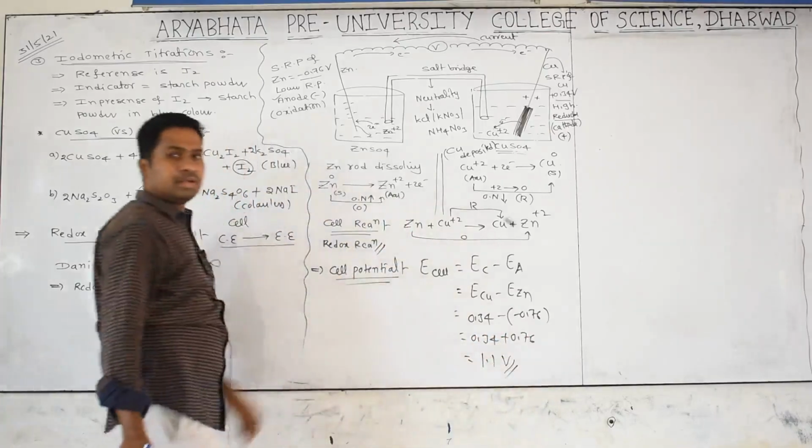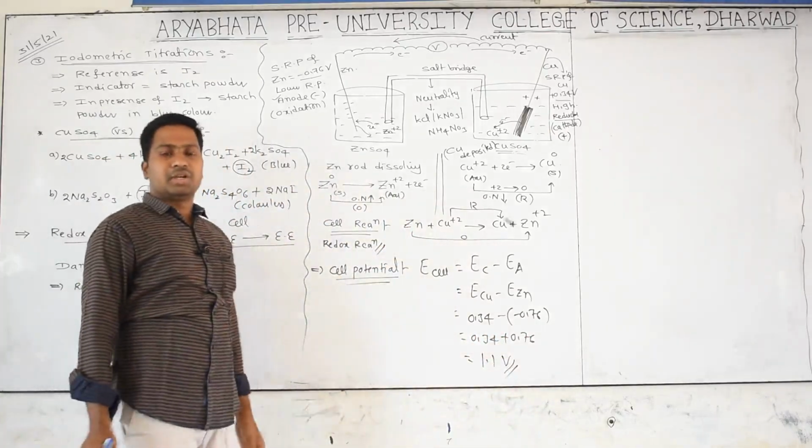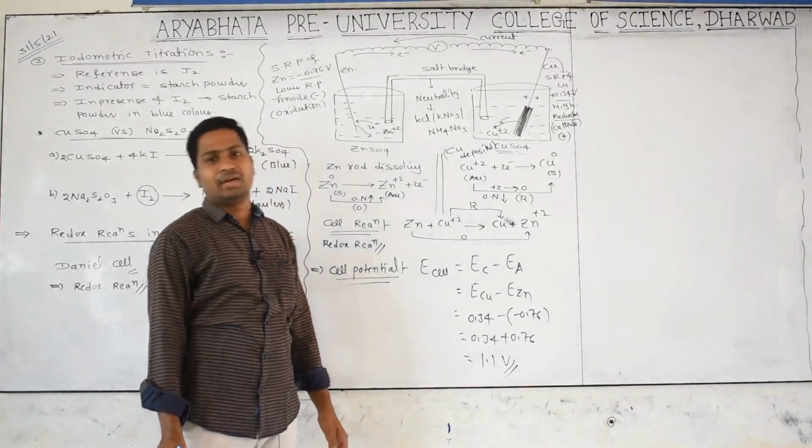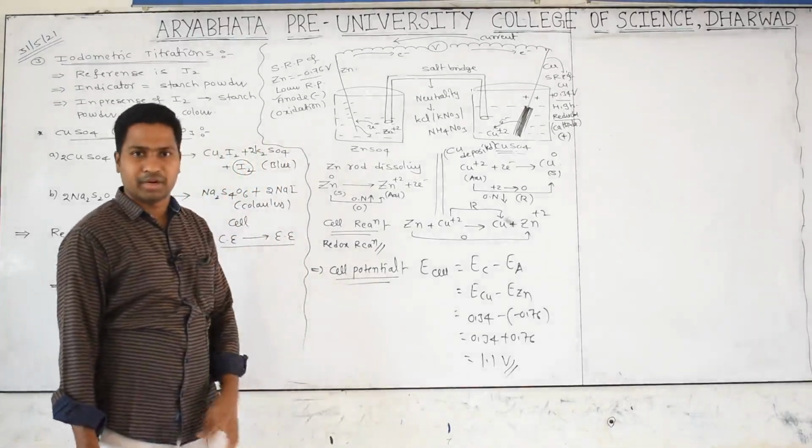The EMF of the cell is the difference between the electrode potentials of cathode and anode, which is 1.1.